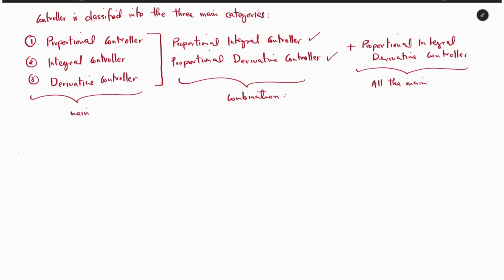We normally choose the type of specific controller for a specific application, and we will also discuss some of the pros and cons of each of these controllers and where you can use them to maximize the efficiency of your control system design.